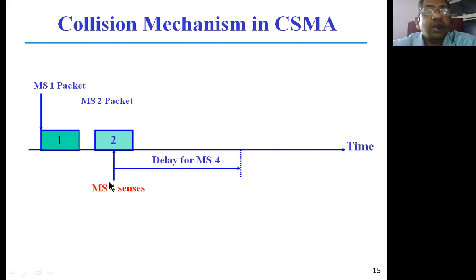Here, mobile station 2 is going to transmit a signal or data to mobile station 4. So in that case, mobile station 2 itself should sense the shared resource for mobile station 4. More or less, it senses mobile station 4.